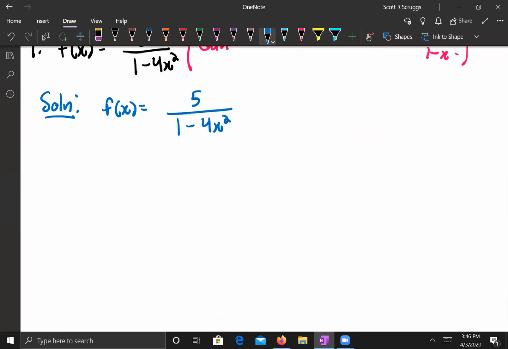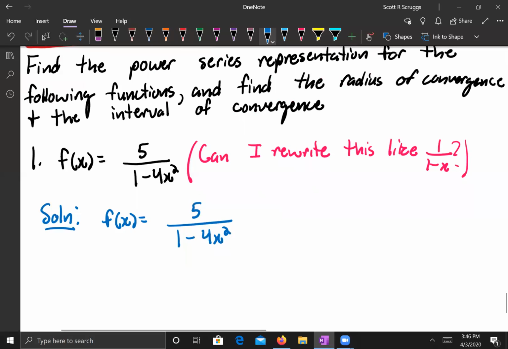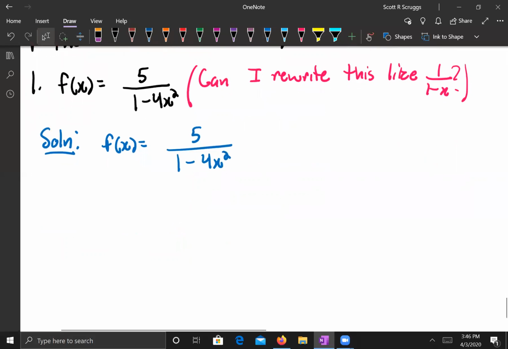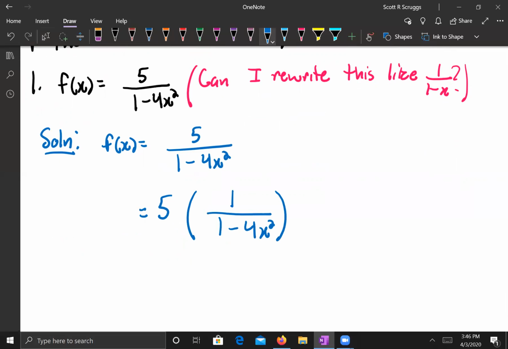All right, so because the only thing I know of is the power series representation for 1 over 1 minus x, I want to try my best to relate that as much as I can to that function. So first thing I do, 5 is a constant, so I'm going to treat that as a coefficient and move that on the outside.